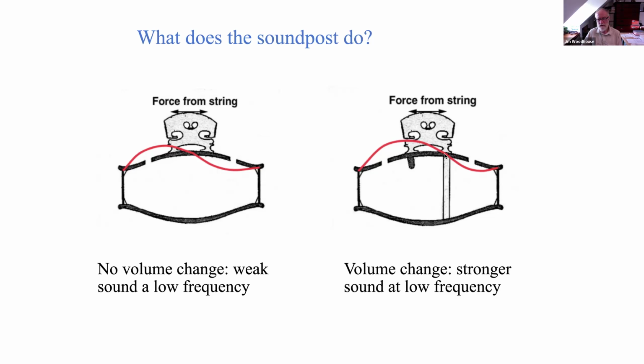So it still goes up on one side and down on the other side, but now it's not symmetrical anymore. So the bit going up on the left is bigger than the bit going down on the right. There is then a net change of volume, and that leads to much stronger sound radiation at the very lowest frequencies. Now we'll see some plots of this, and we'll hear an example of it in a moment.